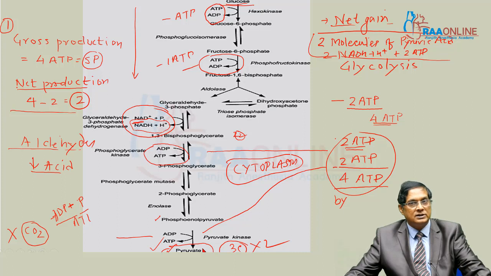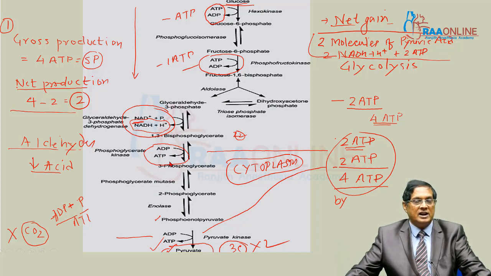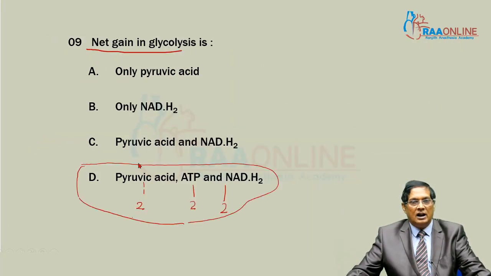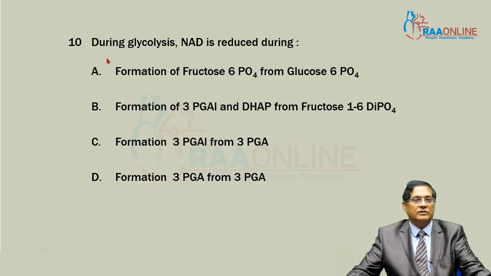So 2 molecules of pyruvic acid, then 2 ATPs are utilized but 4 ATPs are generated, hence the net gain is 2 ATP. Meanwhile, in the oxidation step NADH plus H is generated. So finally our answer is pyruvic acid plus ATP plus NADH2.